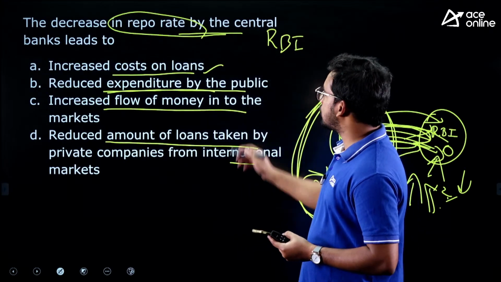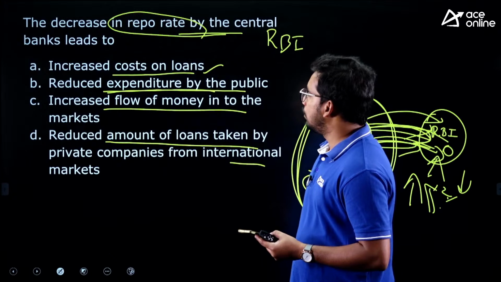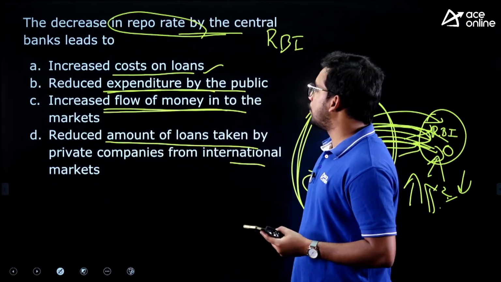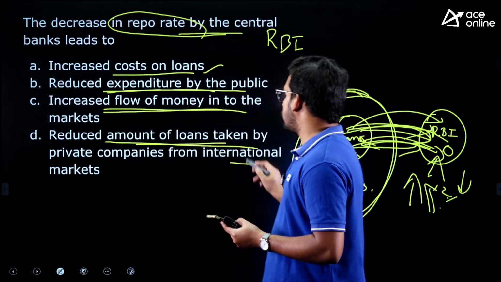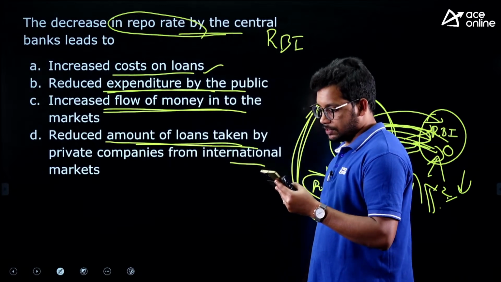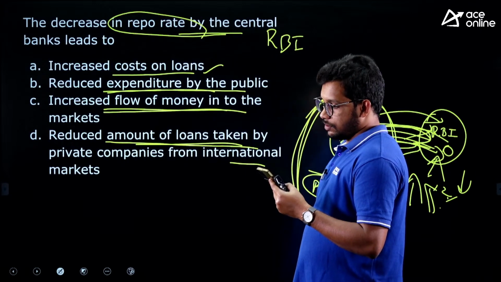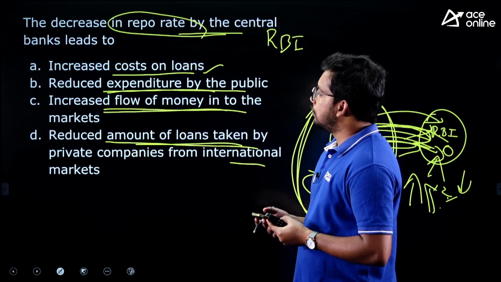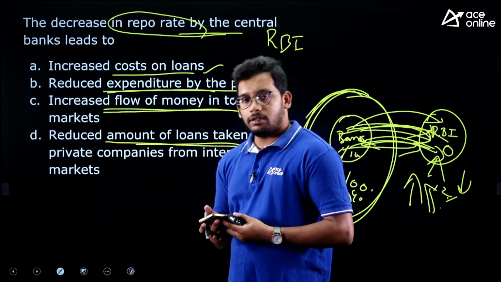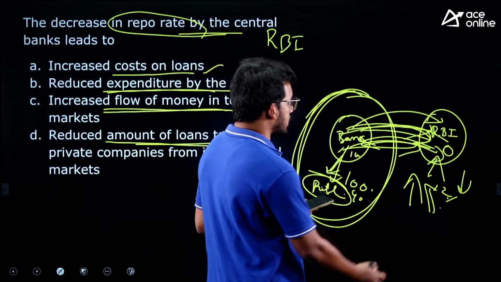Reduced expenditure by the public, reduced flow of money into the market, reduced amount of loans taken by the private companies. Right? So this we have discussed, the interest paid.